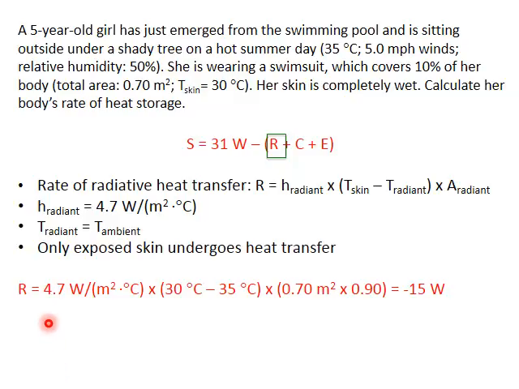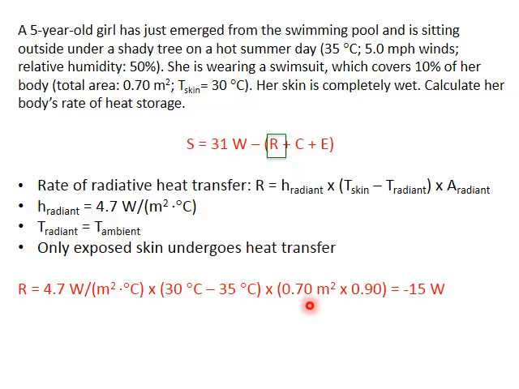We can now plug our values in to solve for R. So we plug in 4.7 watts per meter squared per degree Celsius for the radiant heat transfer coefficient. We plug in 30 degrees Celsius for the temperature of her skin. We plug in 35 degrees Celsius for the temperature of radiant objects in the environment.